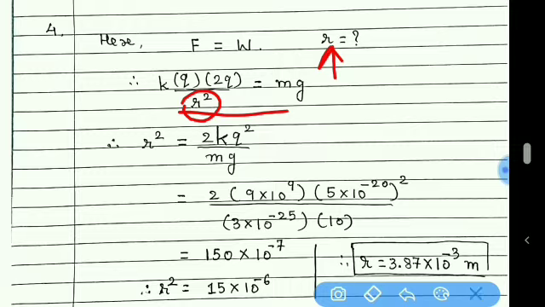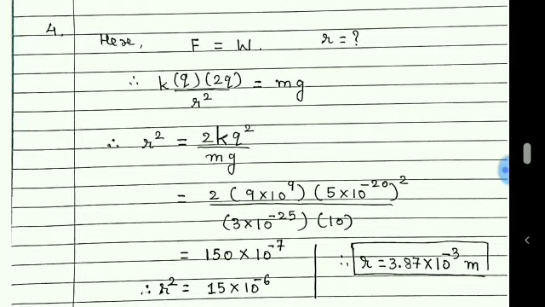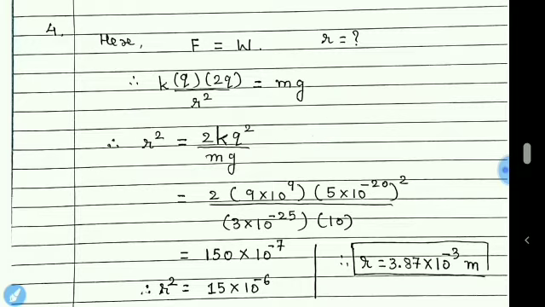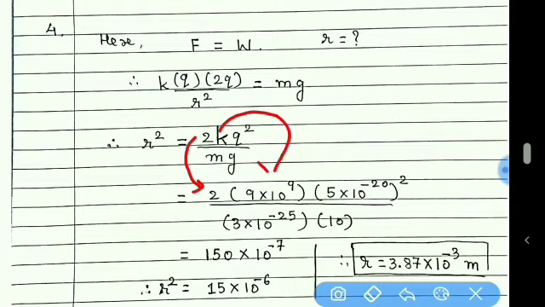After making r the subject, we will simply put the values which are given. 2 as it is, value of k is 9 into 10 raised to 9. Charge q, which is given, 5 into 10 raised to minus 20.